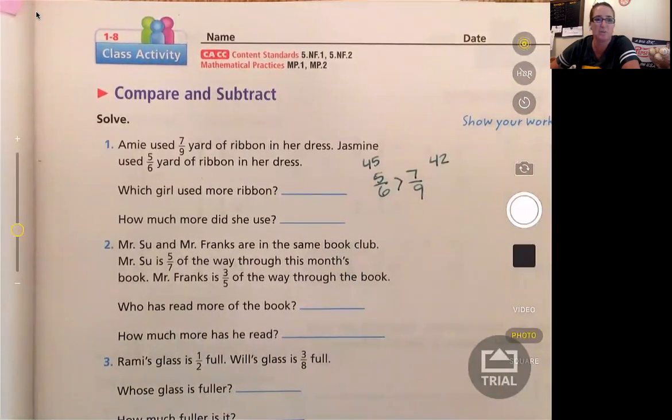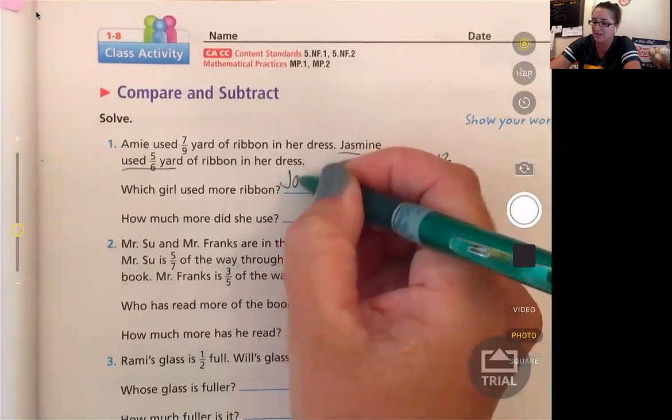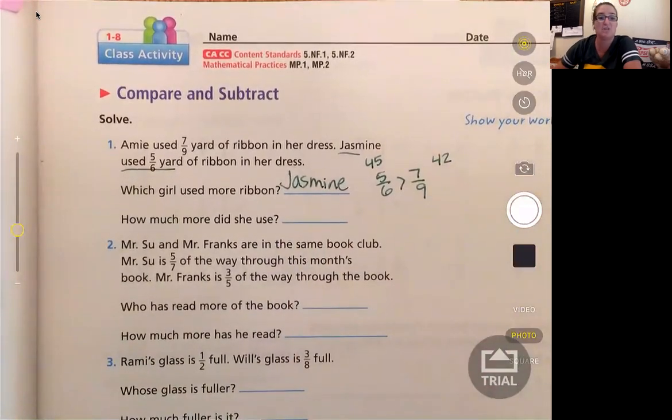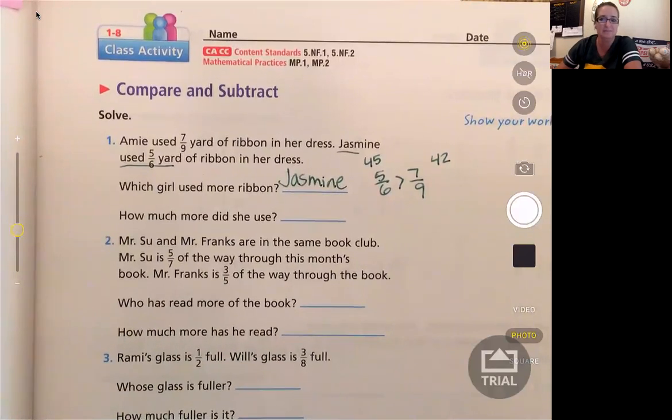Which girl used more ribbon? Jasmine, because Jasmine had 5/6 yards. So Jasmine used more ribbon. Now we have our subtraction problem, on page 19.